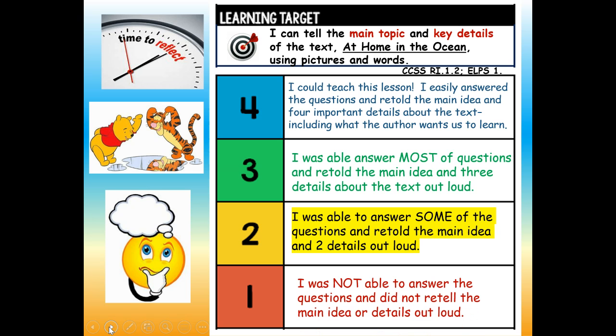Or would you give yourself a 1? I was not able to answer the questions and did not retell the main idea and details out loud. So, how do you think you did saying the main topic and key details of the text? Would you give yourself a 4, a 3, a 2, or a 1?